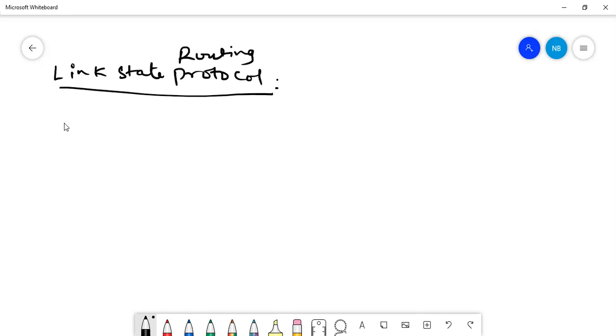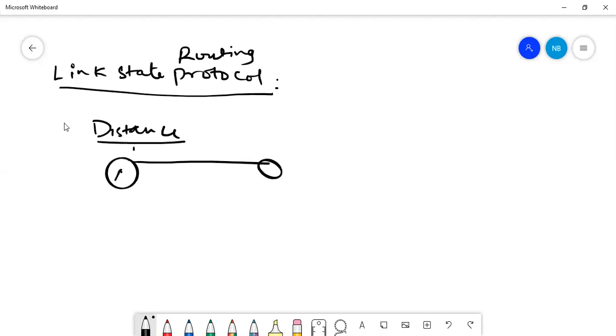In distance vector, every node, if it is A and B, has a table. Every node has a table. Node, I'm talking about the host. Every host will have a routing table regarding the message communication.